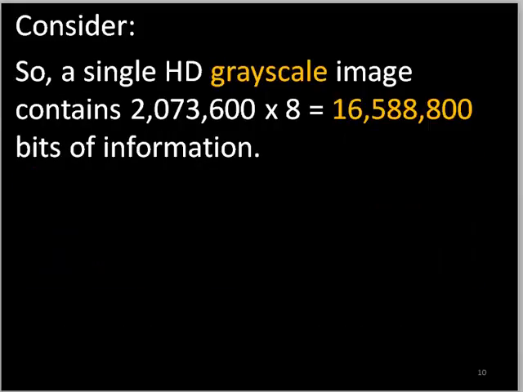So what we found out is that a single HD grayscale image contains approximately 2.1 million pixels, and each pixel gives us a value that's stored in 8 bits. So that single HD grayscale image gives us 16.5 million bits of information.